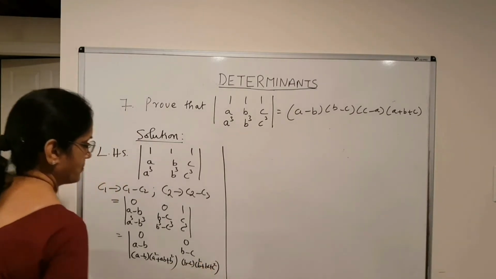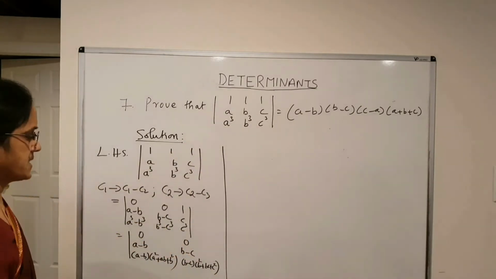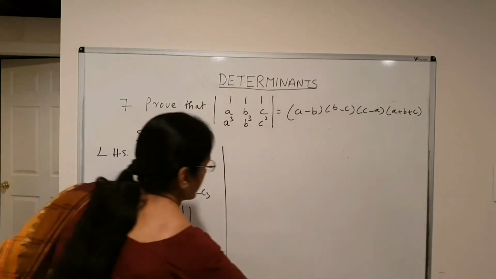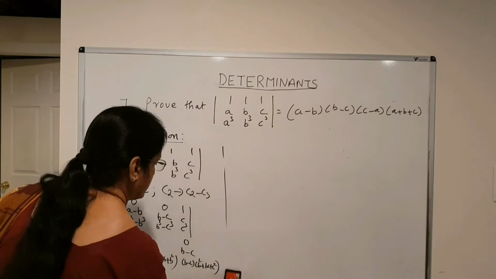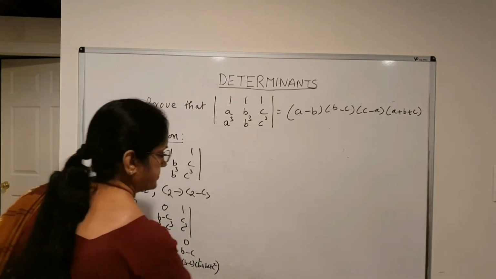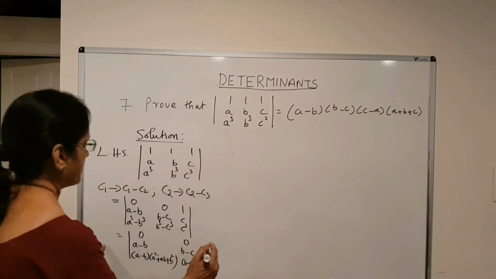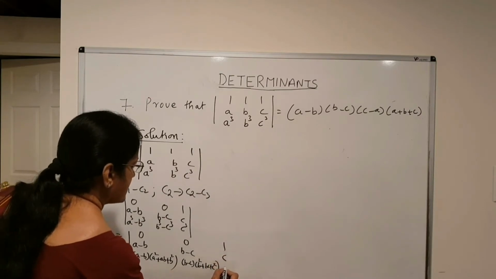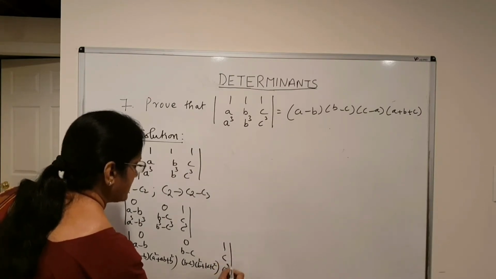Now, third column will remain the same: 1, C cube. There won't be any change.